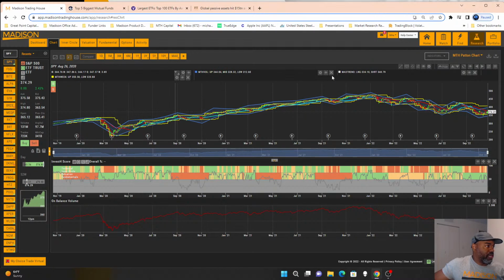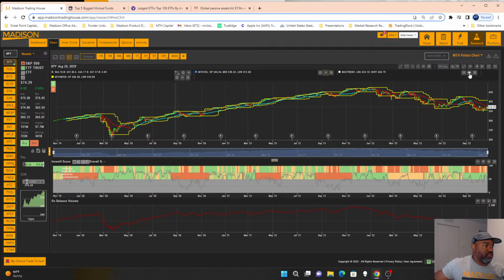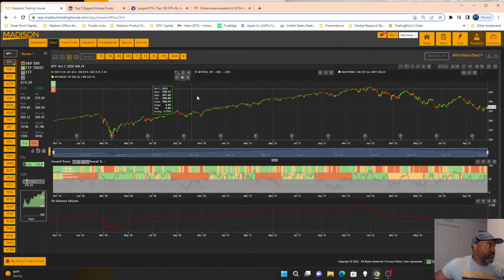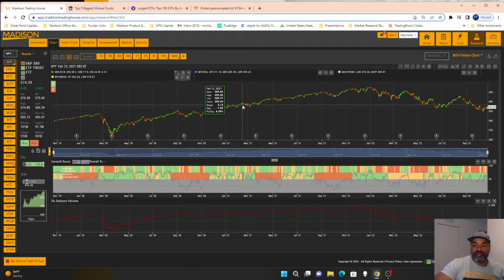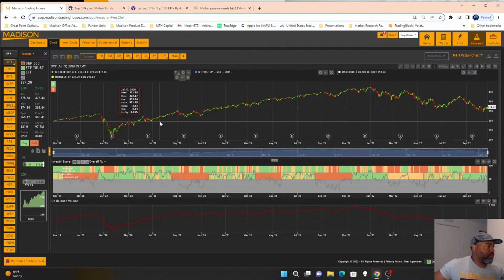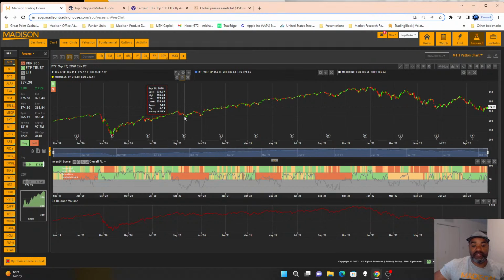So I'm going to hide some of the tools here so it's easier to recognize what I'm pointing to. So here's the S&P 500, and as you can see, it has generally gone up. Okay, so if a stock generally goes up over time, we call that a trend.